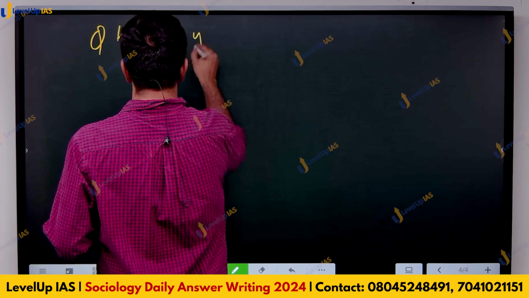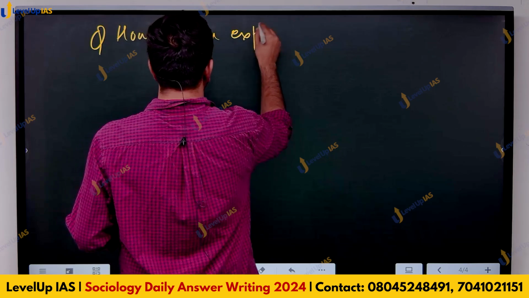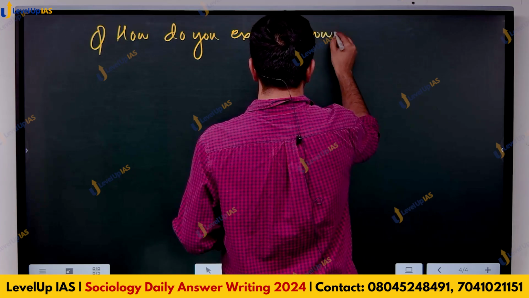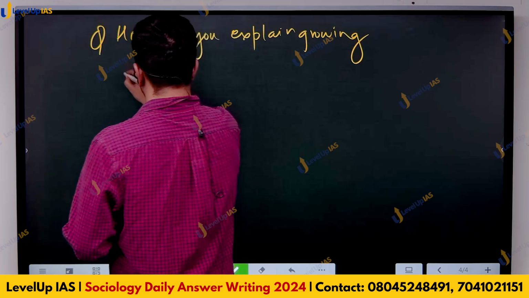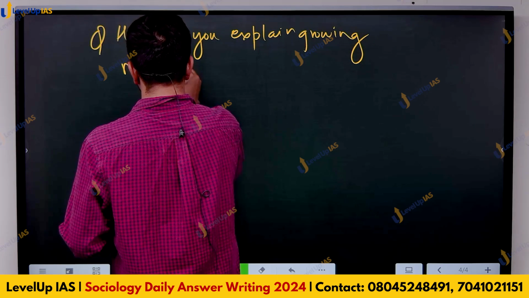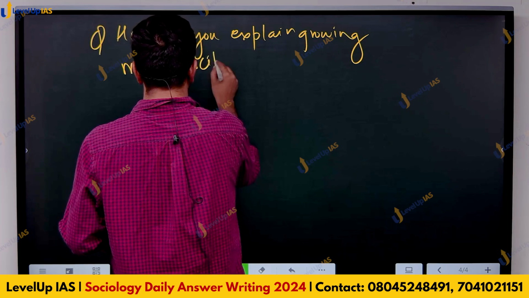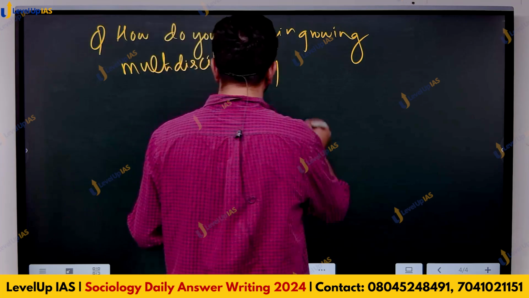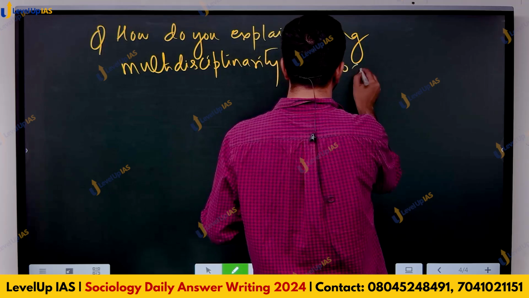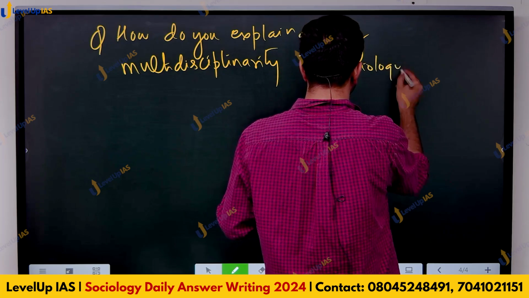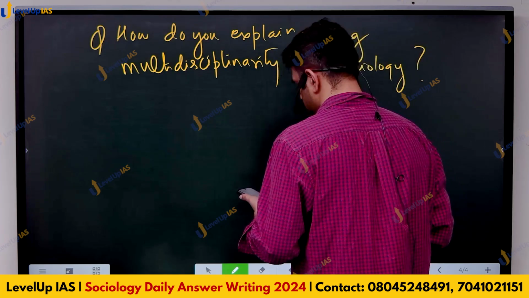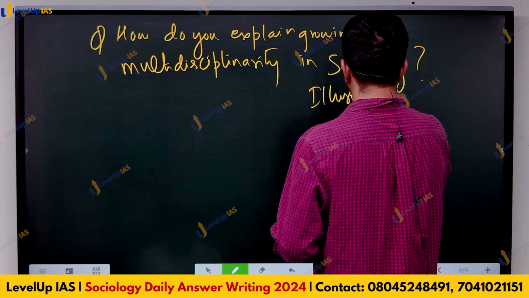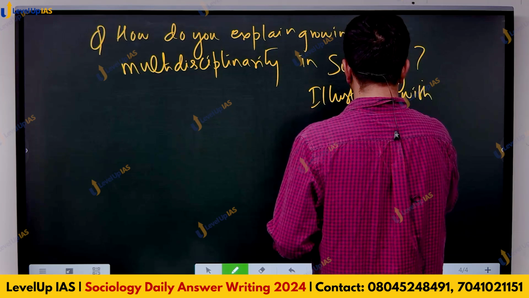How do you explain growing multidisciplinarity in sociology? Illustrate with examples.